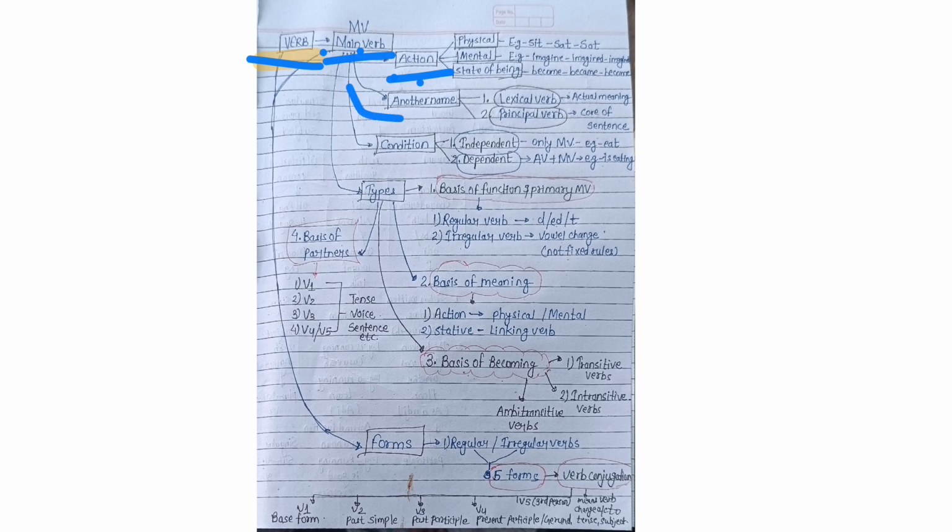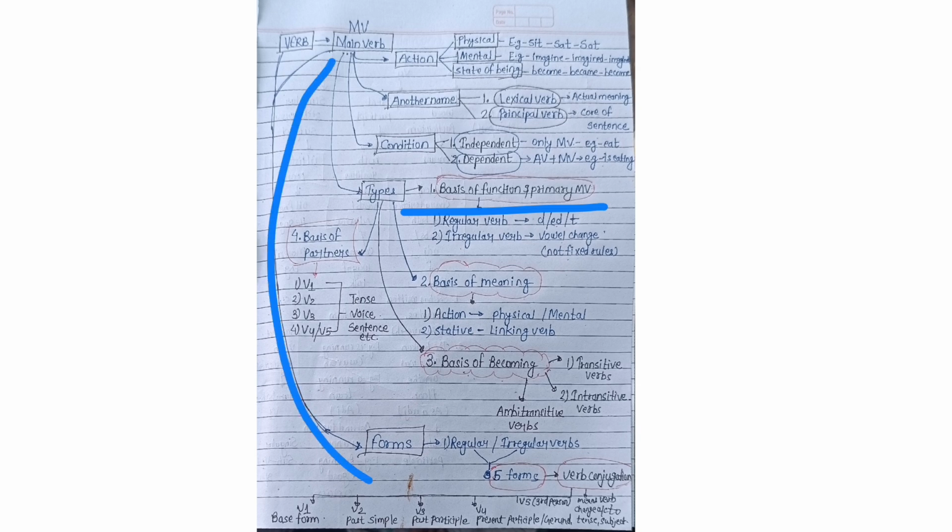Another name is lexical and principal verb. The conditions in which it is used are independent and dependent. The most important type is the primary main verb, and the last is main verb form, which is five, on the basis of regular and irregular. So these are the basic information related to that.